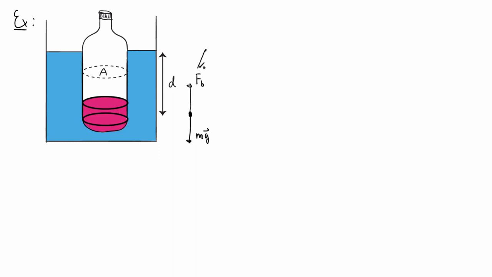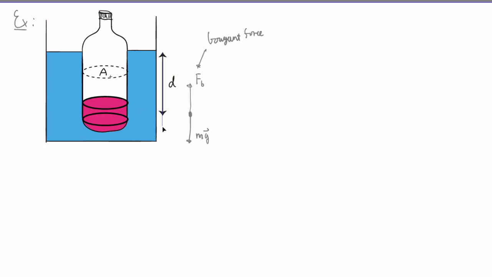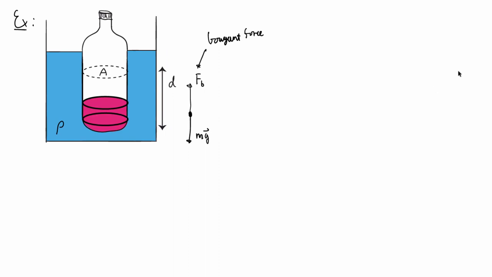The buoyant force is due to the mass of the displaced water. The water has some density, rho, and the amount of volume that's being displaced is essentially the area of this bottle times the amount it's submerged by, which is D. So we have density rho.